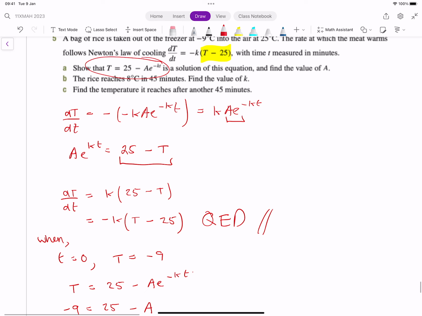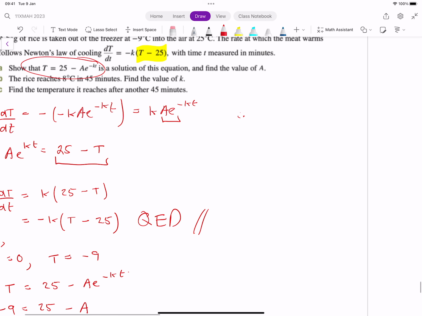All right. Part C, find the temperature that it reaches after another 45 minutes. So that would imply it's 90 minutes. So my equation now after finding the value of k is 25 minus, we said that A was 34. Let me double check.